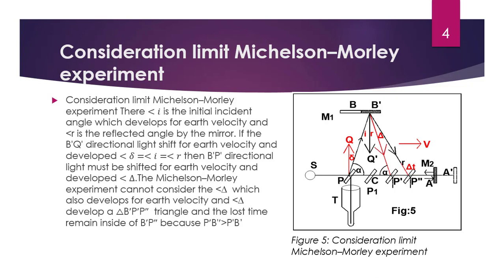And if you consider the arc velocity, then the B dash P dash direction light is shifted, by the same arc velocity, like the PB dash. And that was the greatest mistake of the 18th century.